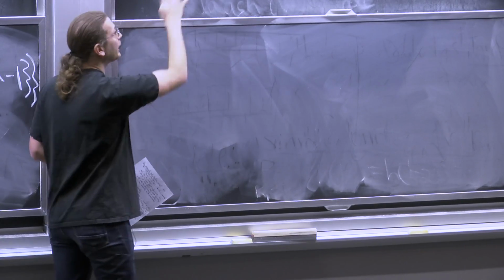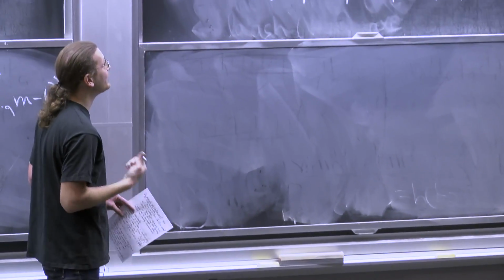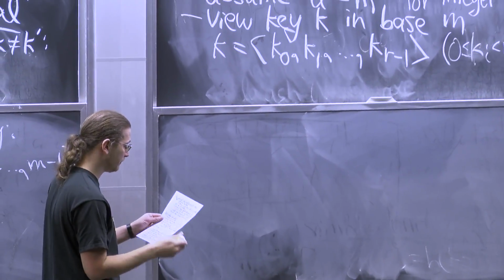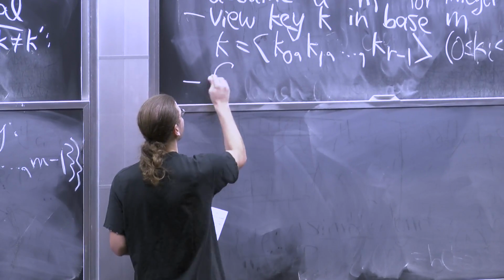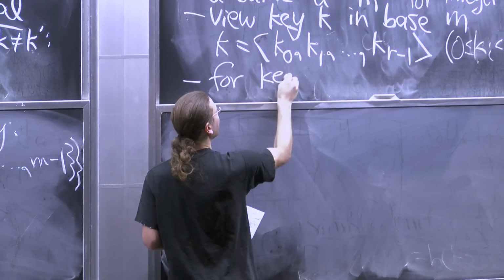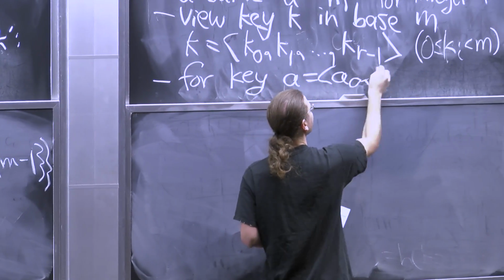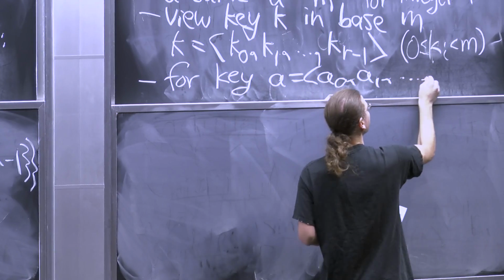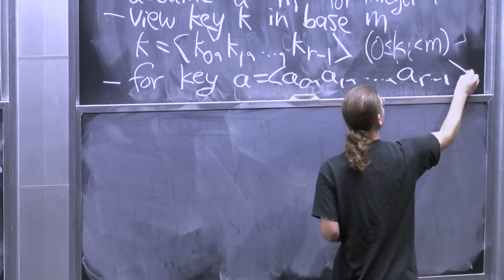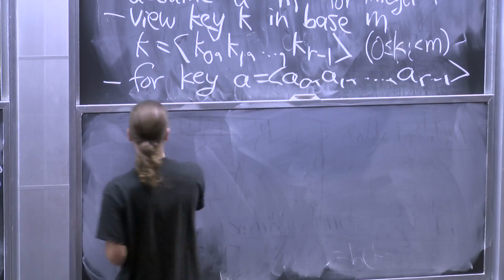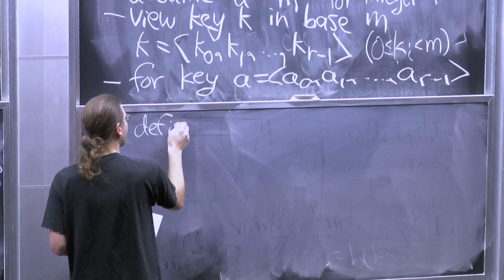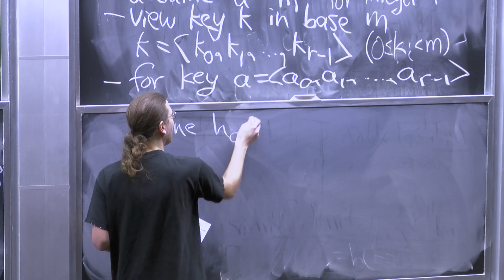With this base m perspective, I can define a dot product hash function as follows. It's going to be parameterized by another key. I'll call it a, which we can think of, again, as a vector. I want to define h sub a of k.